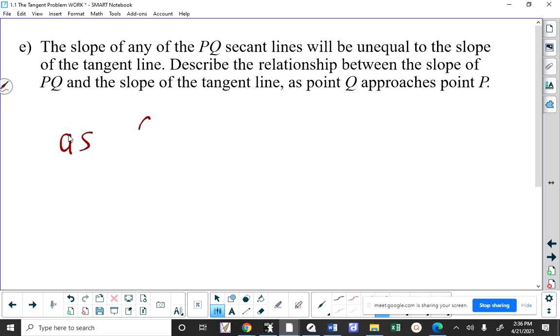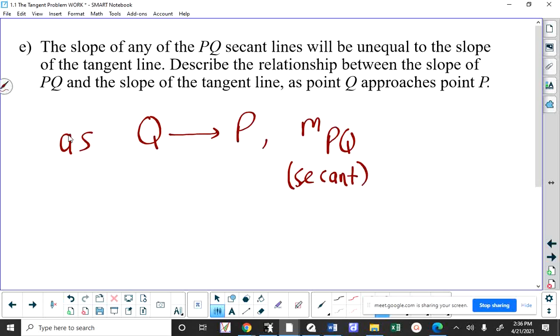As Q approaches P, the slope of PQ, which is a secant line, approaches the slope of P, which is the tangent line. This is going to lead us tomorrow to what are called limits in calculus. I hope that what we've written there, that notation, makes sense to you.